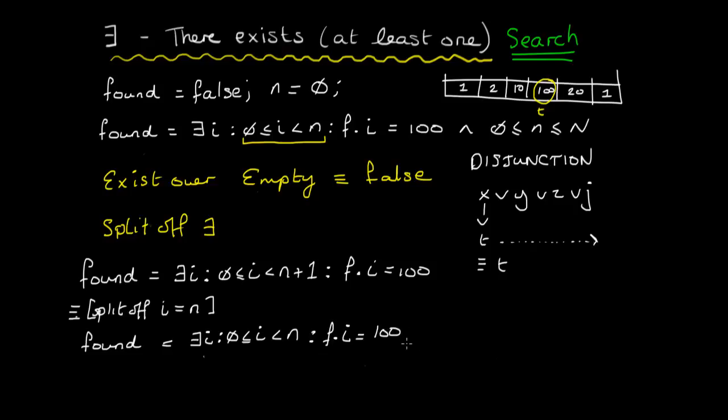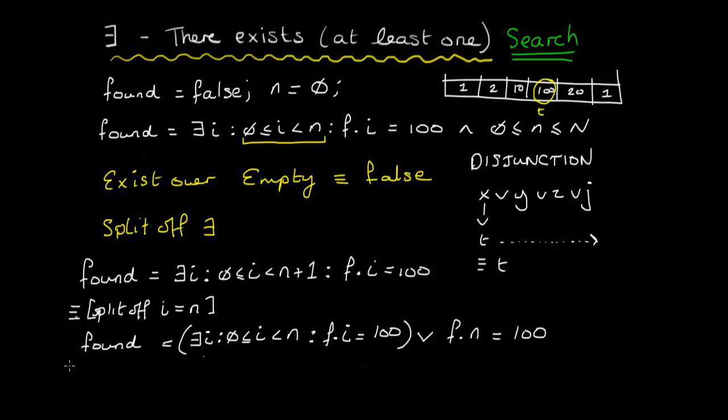And how do we split this off? Well, we normally bracket that because that's what we've previously processed. And because it's a disjunction, we're going to split off with an OR. And we'd have f.n equal to 100.